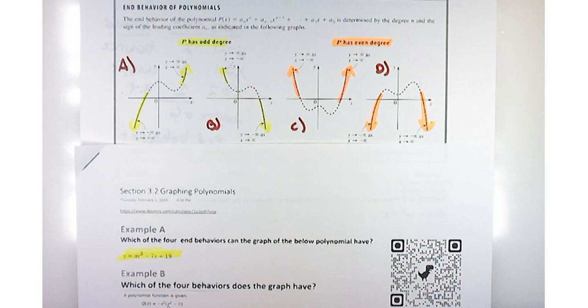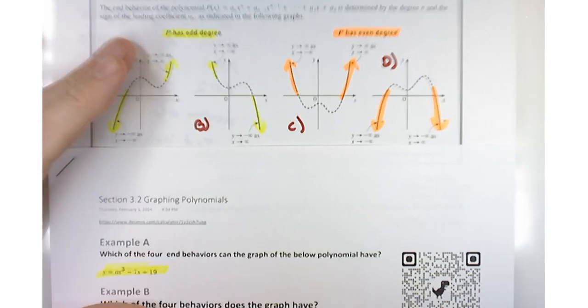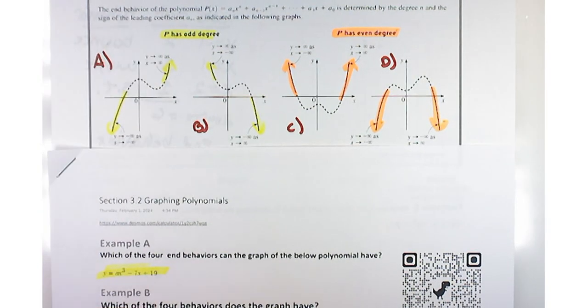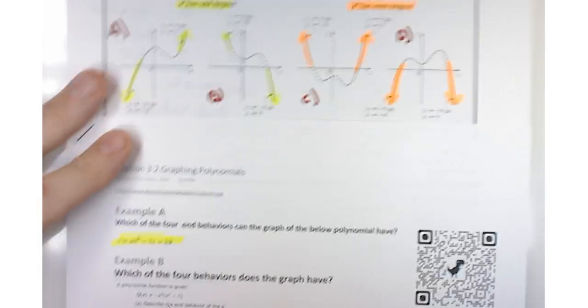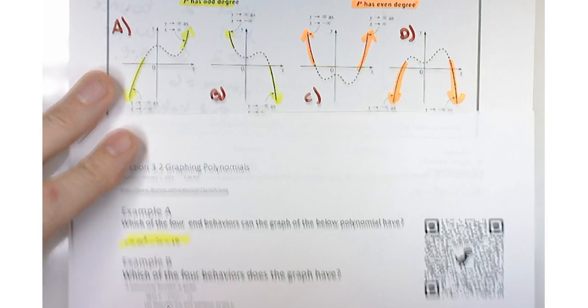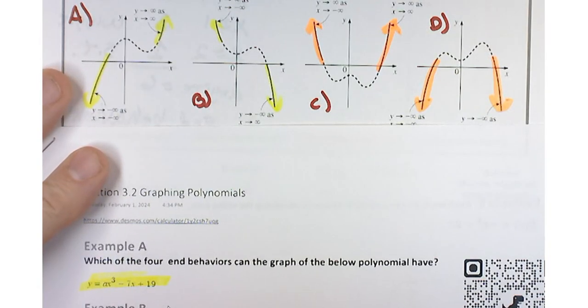So, which graph do you think fits? Which one do you think this is going to look like? A. Okay, got a couple votes for A. Anyone for B? Could it be B? Yeah, sure, if a is negative.